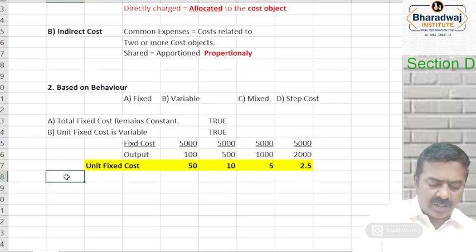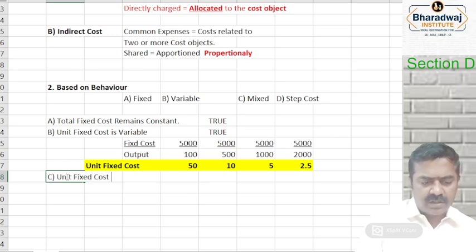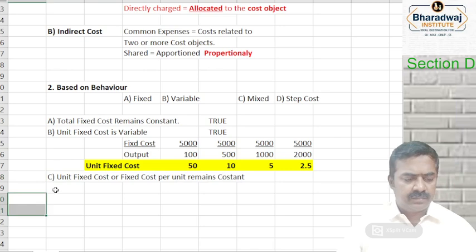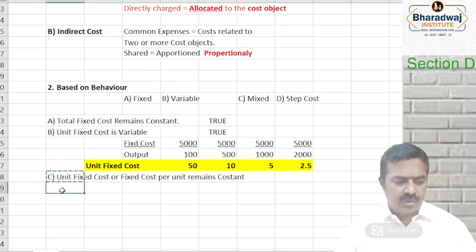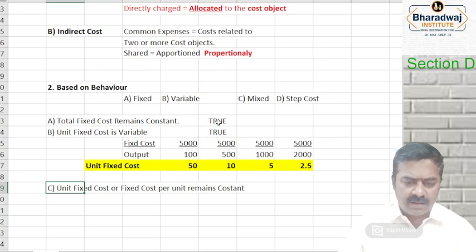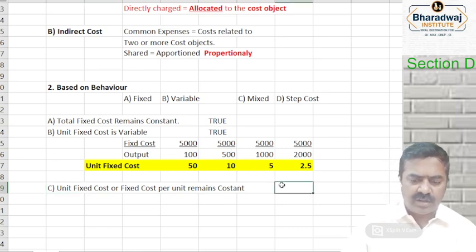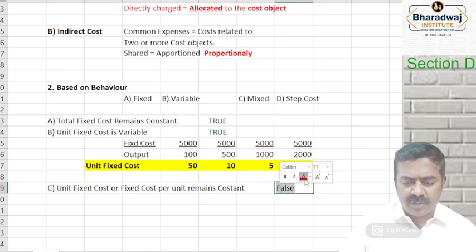This question can be asked alternatively. Unit fixed cost or fixed cost per unit remains constant. True or false? False. Why? Fixed cost per unit will keep changing.